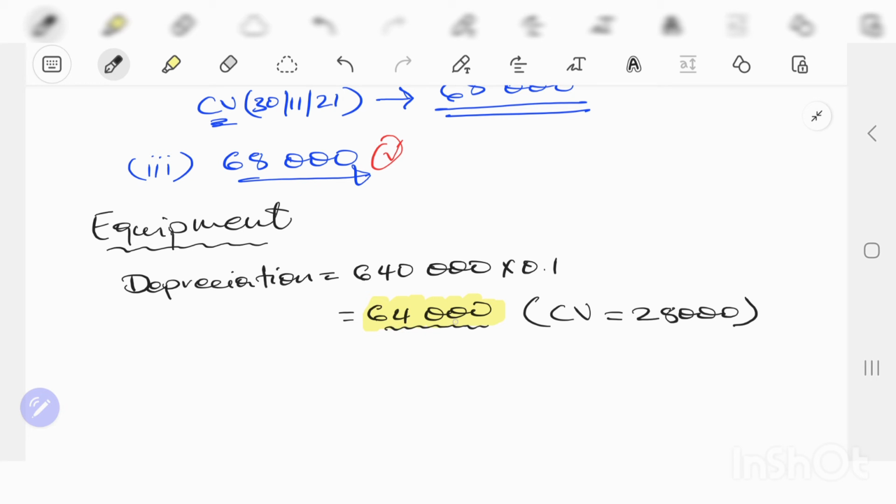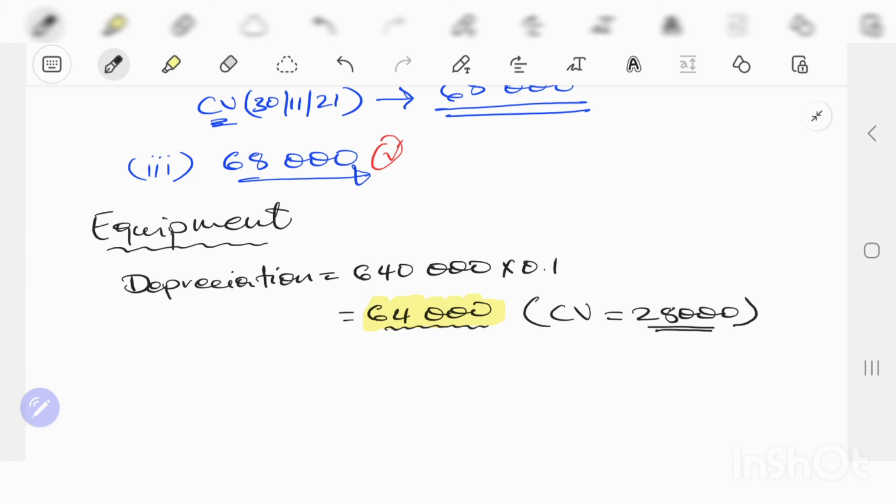It is 64,000. So the depreciation for this year, which is 2021 to 2022, must not exceed the carrying value, which is 28,000.